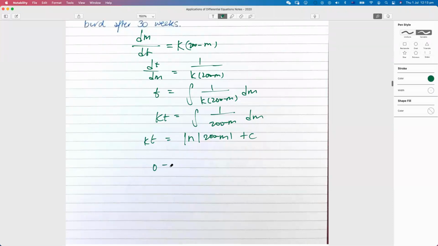So 0 times k is 0, equal to ln(200 minus 30) plus c.